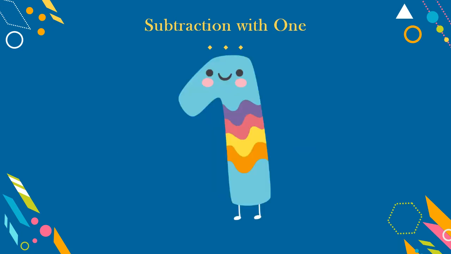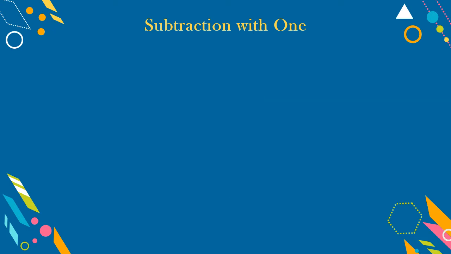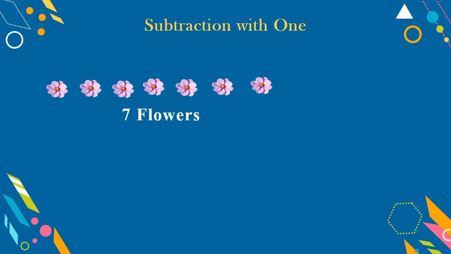Now we do subtraction of 1 from any number. In this example, we have 7 flowers. I have plucked out 1 flower. How many flowers are left? Can you tell me? Now count with me. 1, 2, 3, 4, 5, 6.